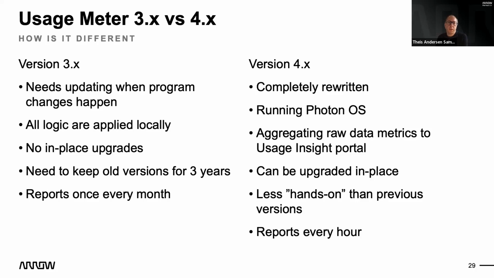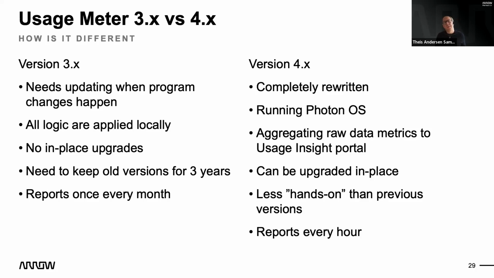In the 4 version, as I told you, everything is being pushed into the usage insight for calculations and stuff like that. Where you had a requirement on the older versions to update the appliance to stay compliant with the program, you still have to do that, obviously, but because the calculation logic was placed locally, there was an even bigger requirement to actually be up to date there.